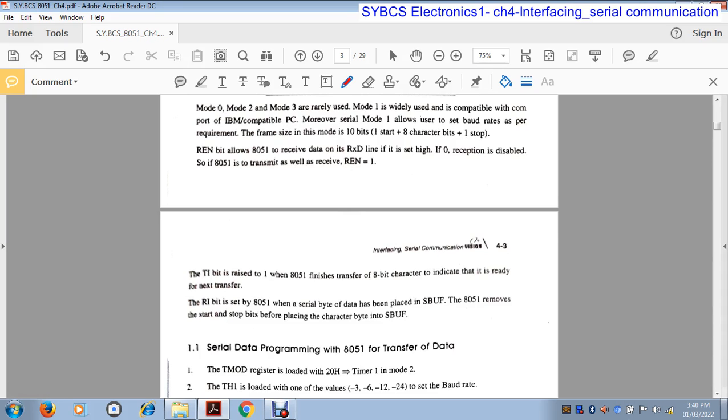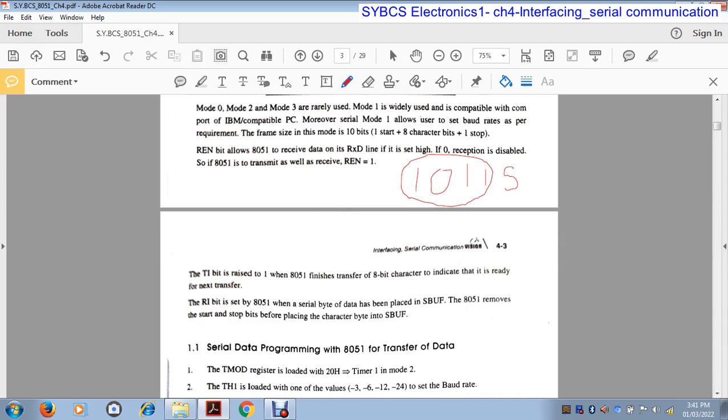Okay, so how do we transmit the information? Suppose we want to transmit 1011. This is our information. Along with this information we add one more bit, which is a start bit.